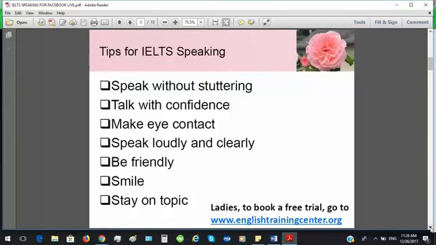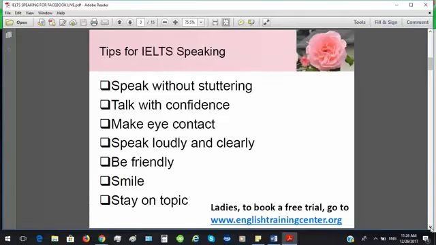And of course, you don't want to speak too loudly, but make sure it's clear and not too low. I've had students when I was teaching IELTS speaking prep that would speak so lowly. Okay, that's going to affect your score because if the examiner can't hear you, then they cannot judge you accurately.